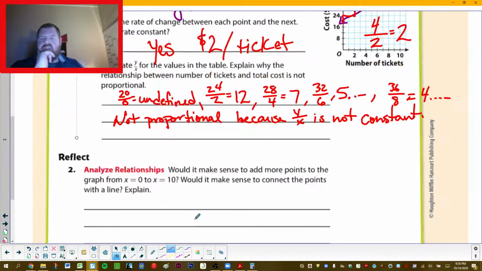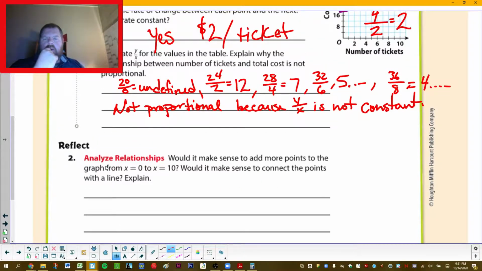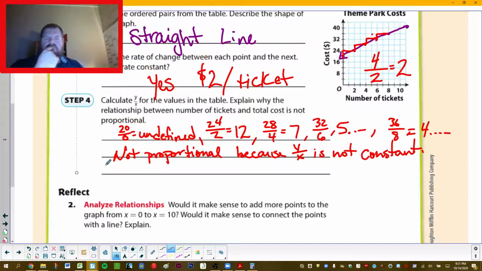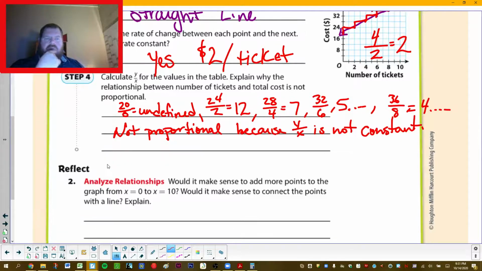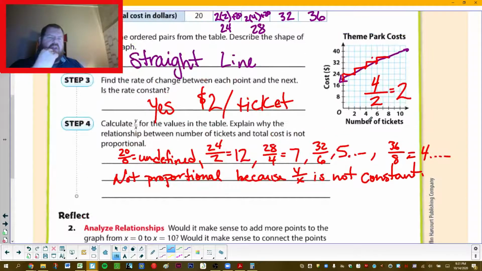All right, let's look at these questions down here. Analyze relationships. Would it make sense to add more points to the graph from x equals 0 to x equals 10? Would it make more sense to connect the points with a line? I mean, no. If they're talking about this problem, would it make sense to add more points to the graph from x equals 0 to x equals 10?